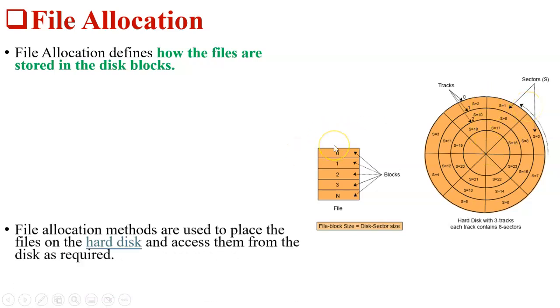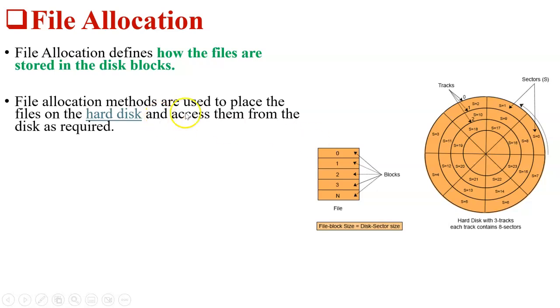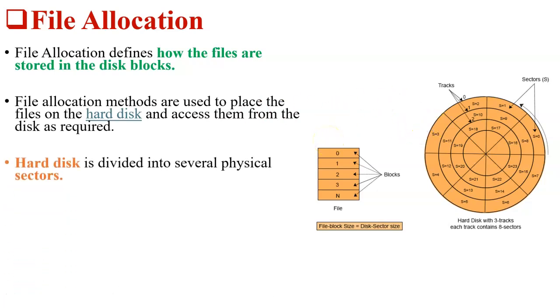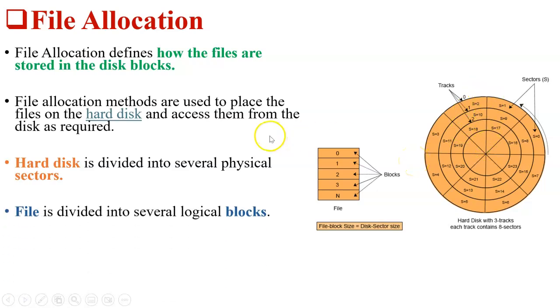Here file allocation methods are used to place the files on the hard disk and access them from the hard disk as and when required. The hard disk, as I told you, is divided into several physical sectors and the file is divided into several logical blocks.